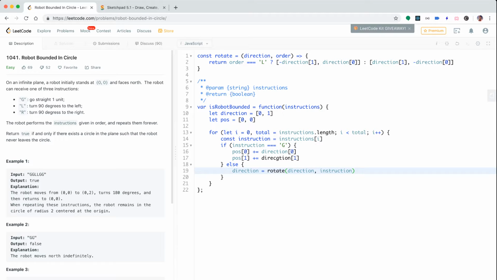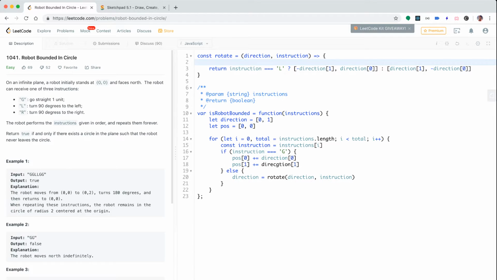Actually, I found a problem that we are returning a new array, which is not performant. We actually don't need to keep the history of the directions when we kept the current. So I'll just say const temp.